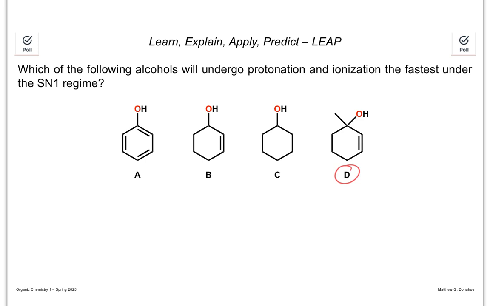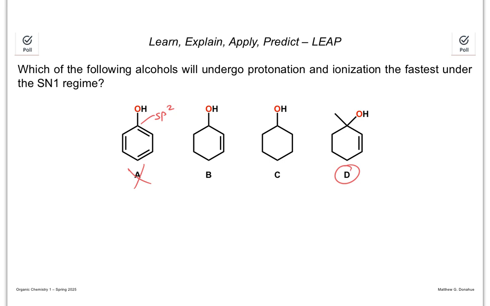To get to that, let's ask this question first. One of them can be eliminated right away. And remember, the litmus test for either SN2 or SN1 is the carbon bearing the leaving group has to be sp3 hybridized. That's sp2 hybridized, so that's out. B, C, and D, those are all sp3 hybridized carbons.